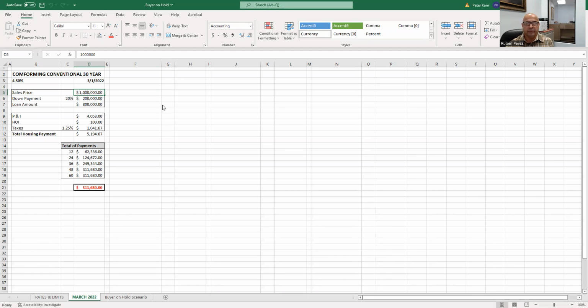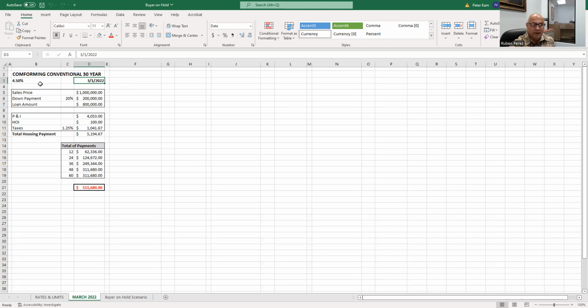It all depends on how much the buyer really wants it. But for the most part, the sellers are getting what it's worth, and in some cases even less than what it's worth.